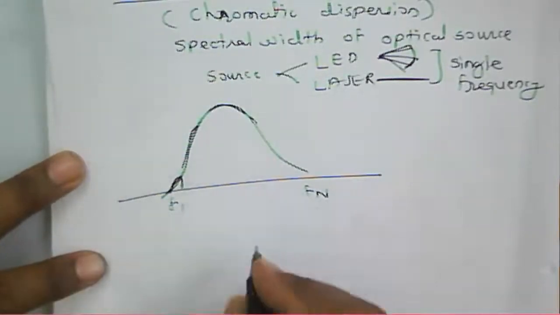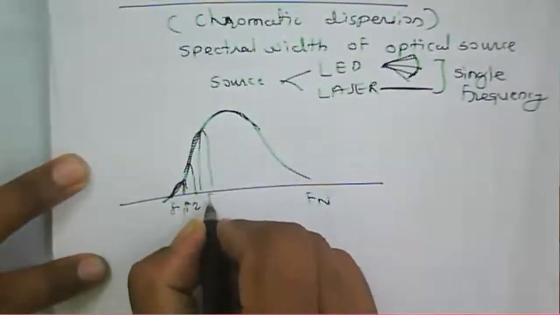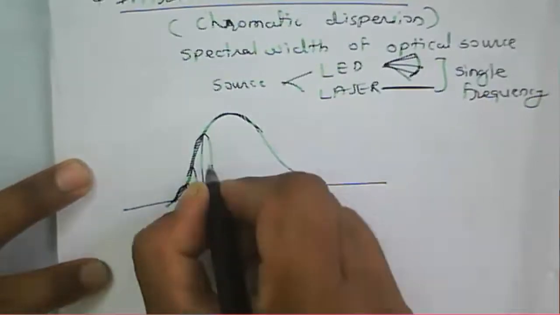Suppose this is the F1 frequency, F2 frequency, F3 frequency, likewise up to Fn.